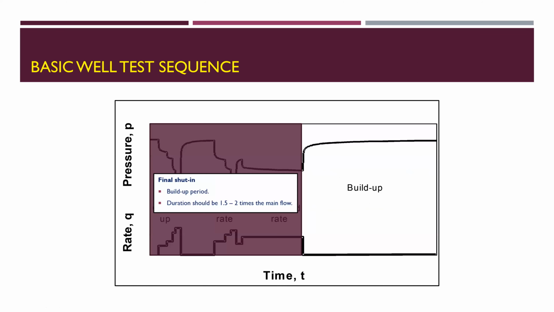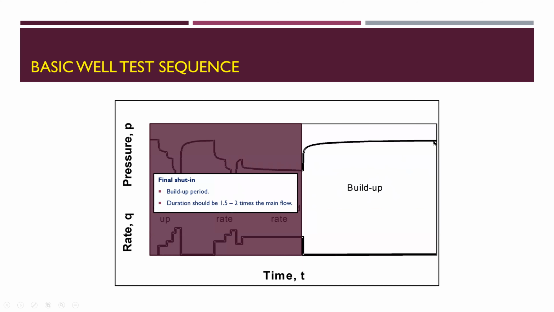Moving to the final and most important period, which will be considered for our analysis, the main build-up. Its duration depends on how many hours you spend in the flowing period; you multiply by 1.5 or 2 to give you the build-up duration.